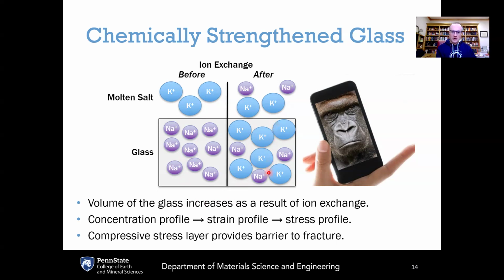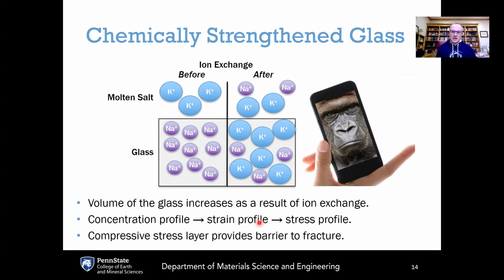However, in the interior of the glass, it's still all sodium. And so even though this concentration profile of potassium wants to lead to a strain profile where the outer parts want to expand more, the inner part of the glass doesn't let it expand because it is still as formed with pure sodium.